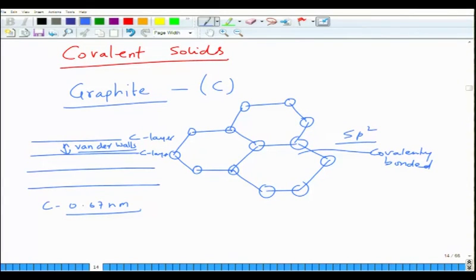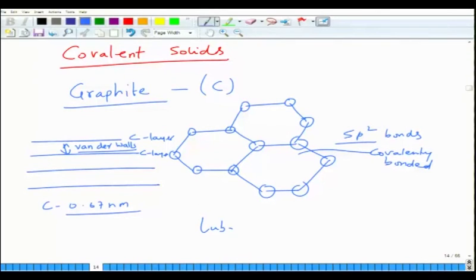Within the plane you have sp2 bonds, between the layers you have van der Waals bonds. As a result, graphite has this very nice tendency to make slippery compounds. That is why graphite is used as a lubricant, because it can be sheared easily due to van der Waals bonding. Within the sheet is strong, but the sheets themselves are not bonded strongly to each other.